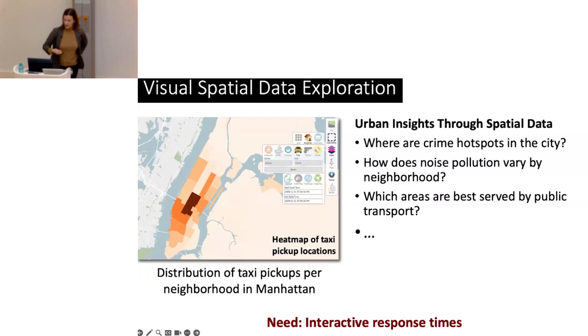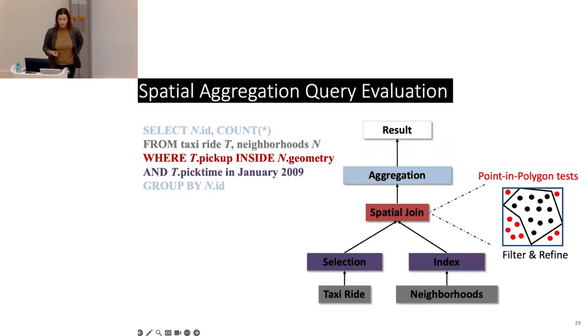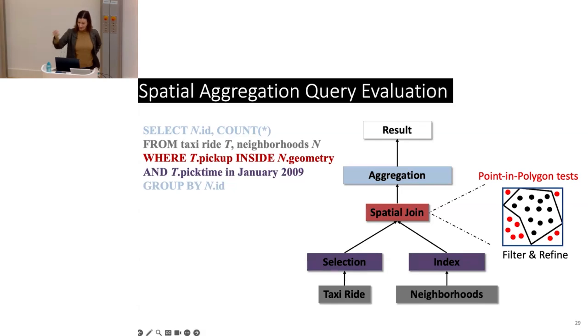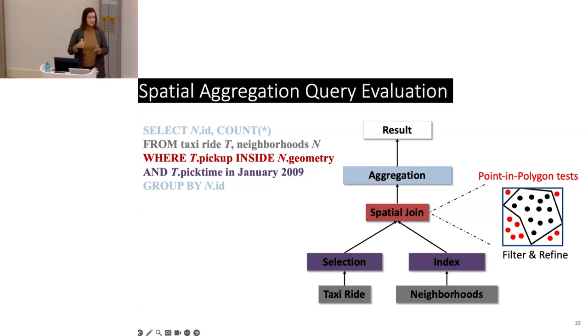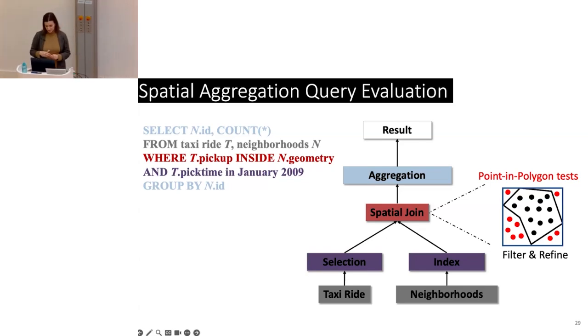and at interactive speeds. So let's now see the query that runs in the background in order to calculate the heat map visualization that I just showed you in the previous slide. So this is what we call a spatial aggregation query.